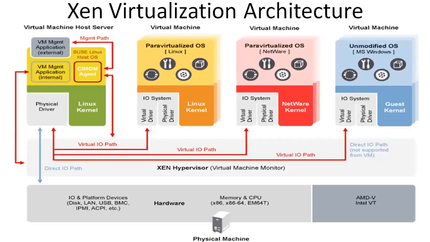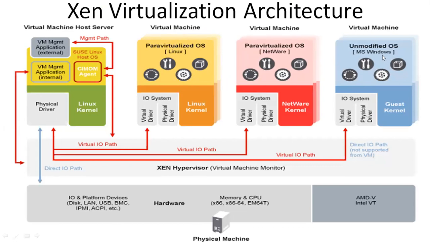If you see the diagram here, you have the virtual machine host server. Three different virtual machines are there. The virtualization here is a para virtualized operating system, that is Linux.